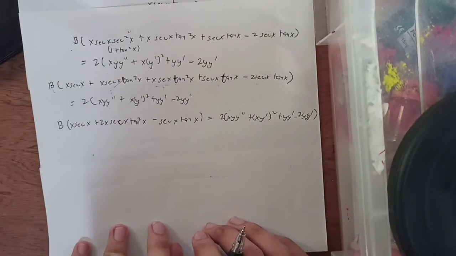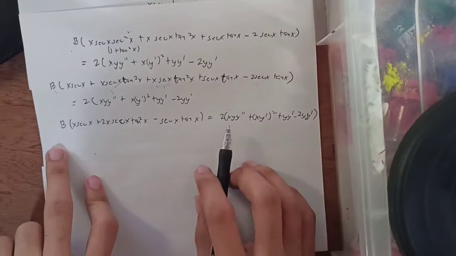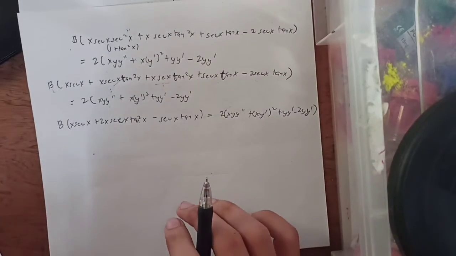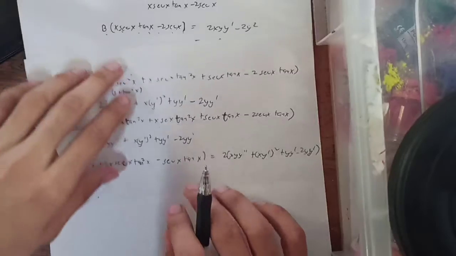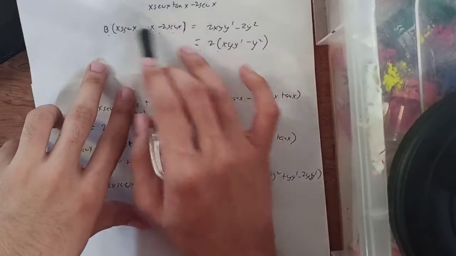Then copy this again. And then we substitute the value of b to this expression. So the value of b is this one.